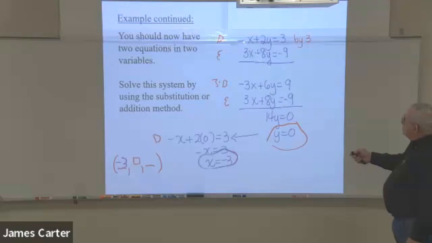In this particular case, I chose equation D. I replaced y with 0. Negative x equals 3, x equals -3. So I now have 2 values of my point.